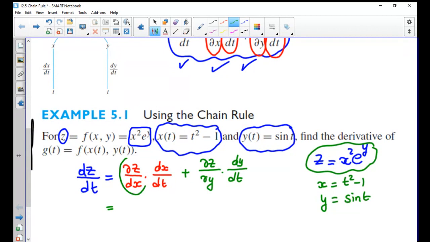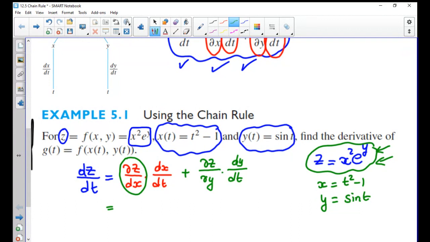What is dz over dx, girls? What is the derivative of z with respect to x? Can you look at z here? What is its derivative with respect to x?